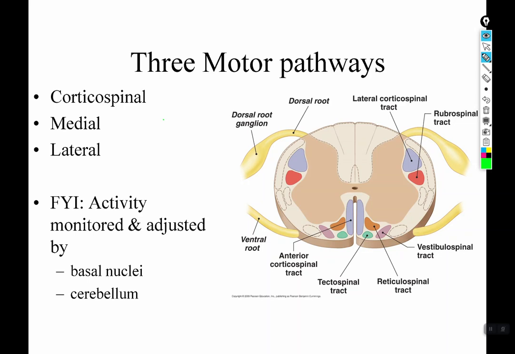Okay, so we have the anterior corticospinal right here, and then we have the lateral corticospinal here. So let's go investigate what all these mean and what they are. These ones are considered medial and these ones are considered lateral.